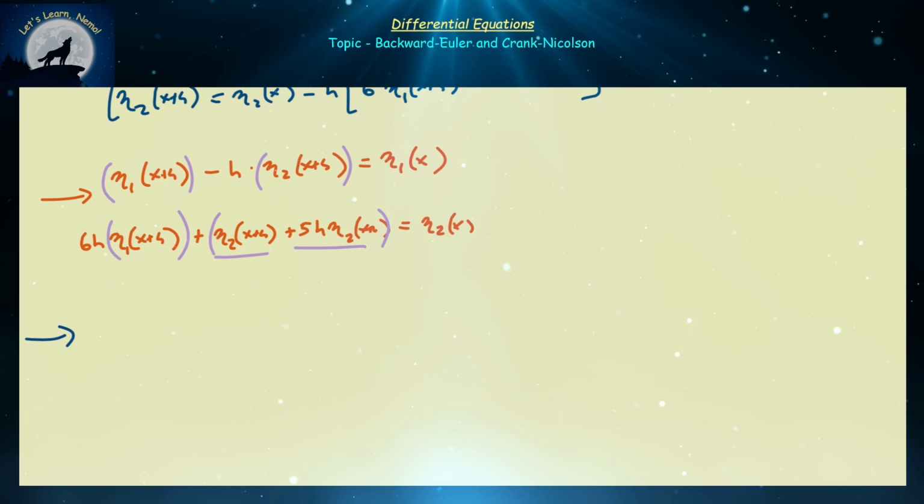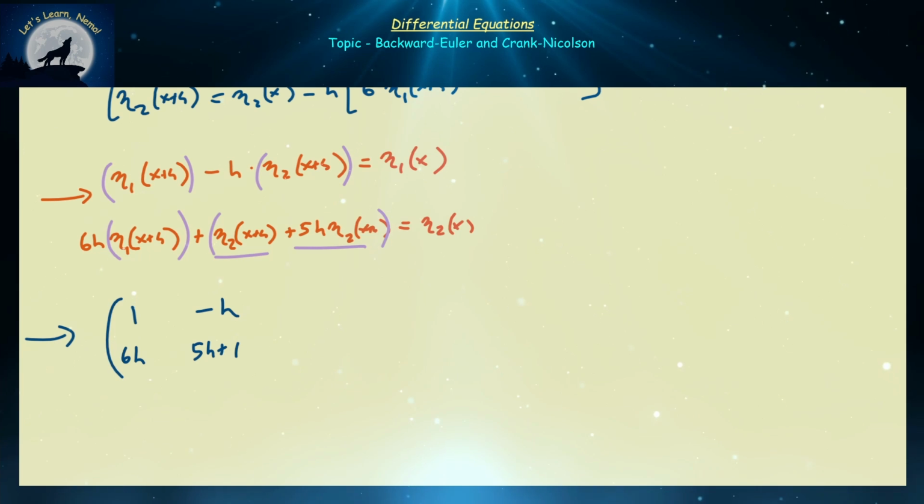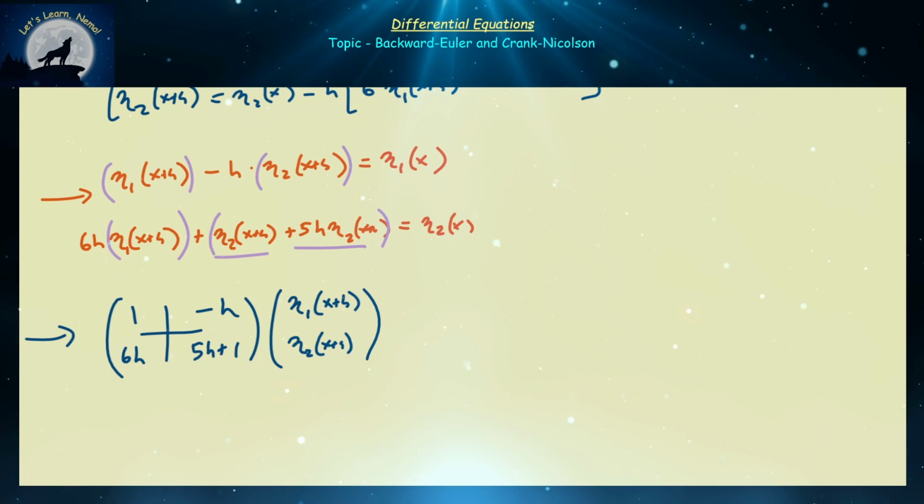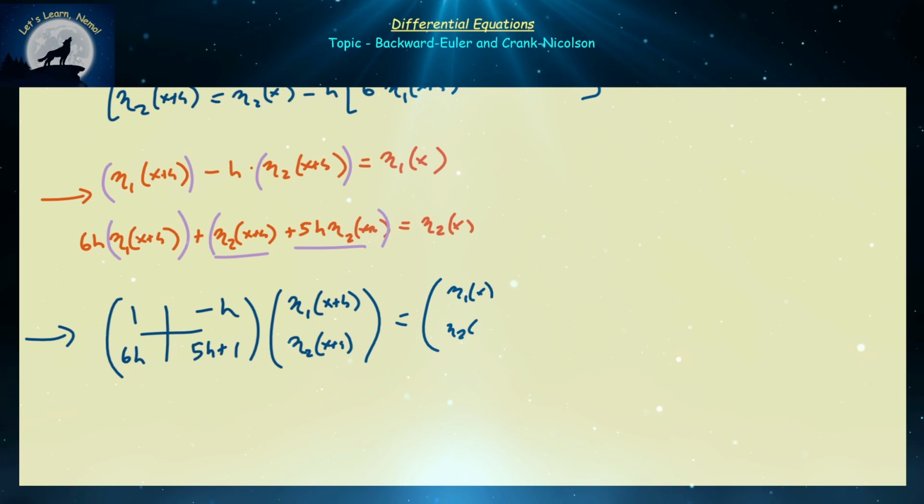So I can write this in a more compact form using the coefficients which depend on h only. So we're going to have 1 minus h, 6h, then 5h plus 1. That's a 2 by 2 matrix, multiplied by the vector eta 1 of x plus h, eta 2 of x plus h, and that must be equal to eta 1 of x, eta 2 of x.